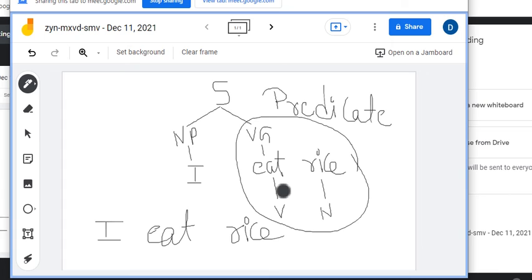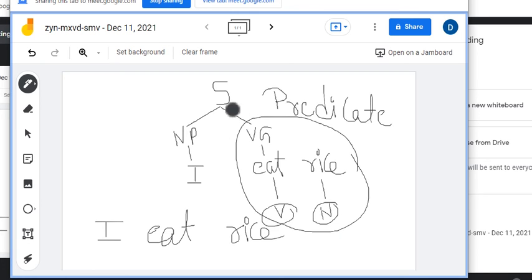Now the same function is carried out by VG, that is the verb group. Now the verb group contains the verb and other parts of the sentence, which can contain again another noun. Okay, a verb and a noun.